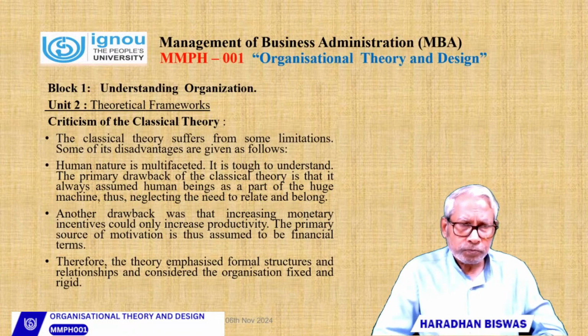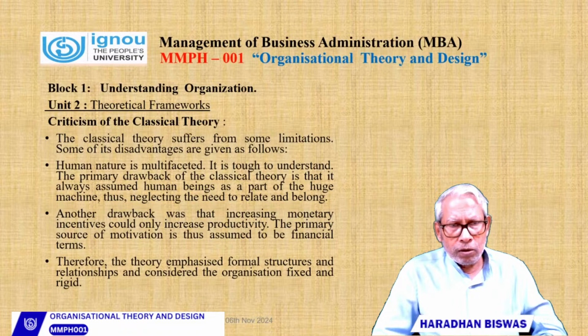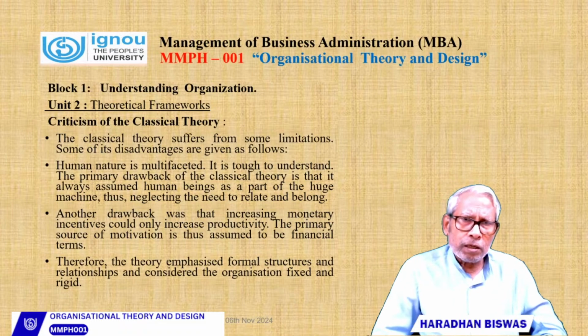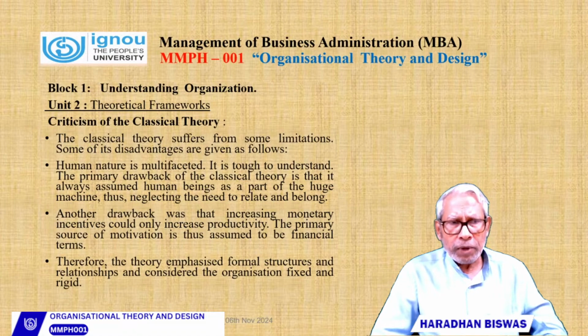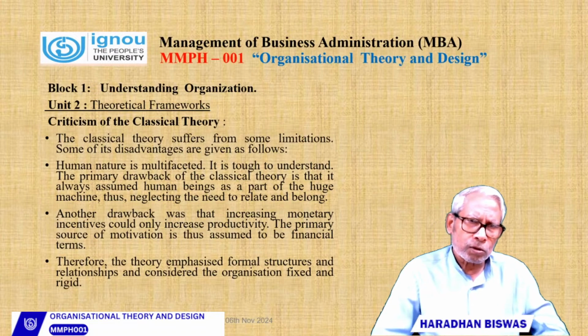Another drawback is that only increasing monetary incentives is assumed to increase productivity. The primary source of motivation is thus assumed to be financial. But so many factors are there to increase productivity.